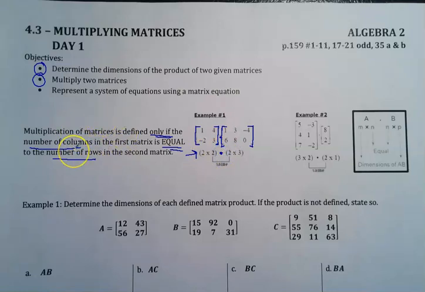According to this, in order to multiply them, the number of columns, so that's the second number right here, in the first matrix has to be equal to the number of rows in the second matrix. So that's why it says those 2 numbers have to be the same. Oftentimes, that's a very simple way to check if you can even multiply your matrices. So you can multiply these.